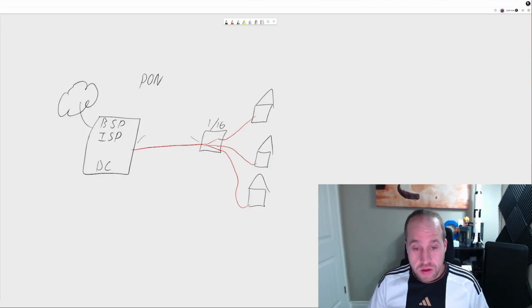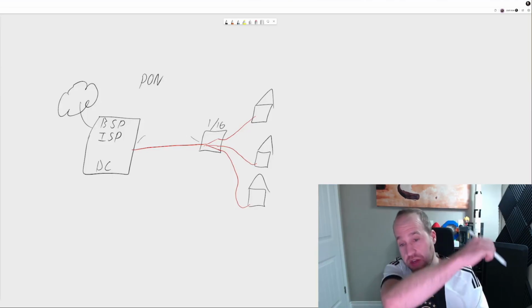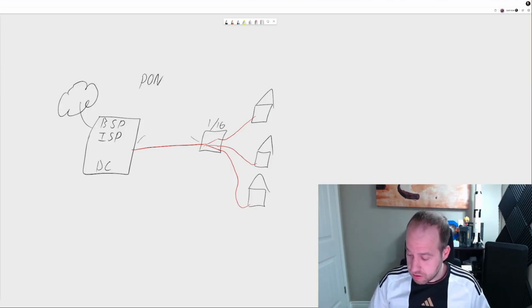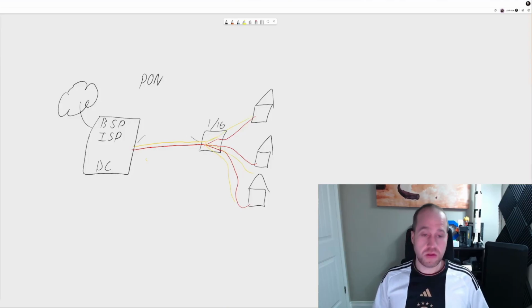So in here is an optical splitter. And all that really is a bunch of fiber optics and glass that have been fused together to have light come in, light go out. And it splits it. So the light travels across here, it hits the splitter, it splits, and goes down each pipe to each customer.